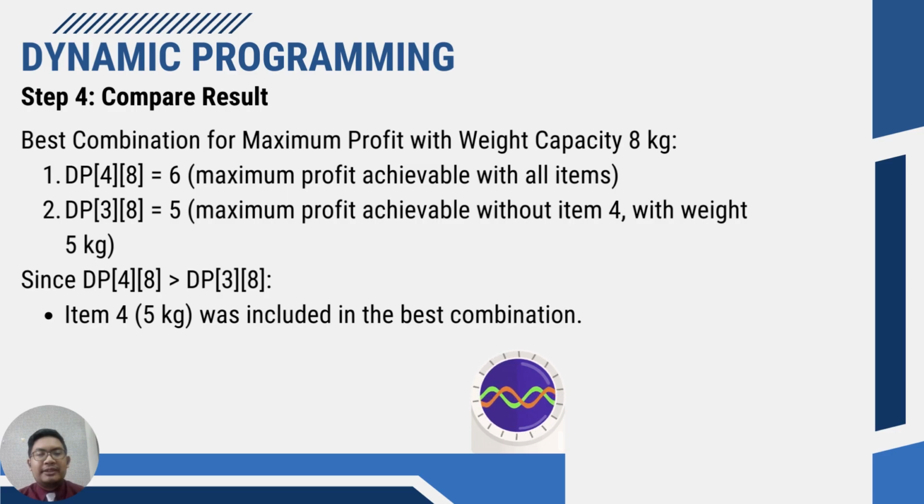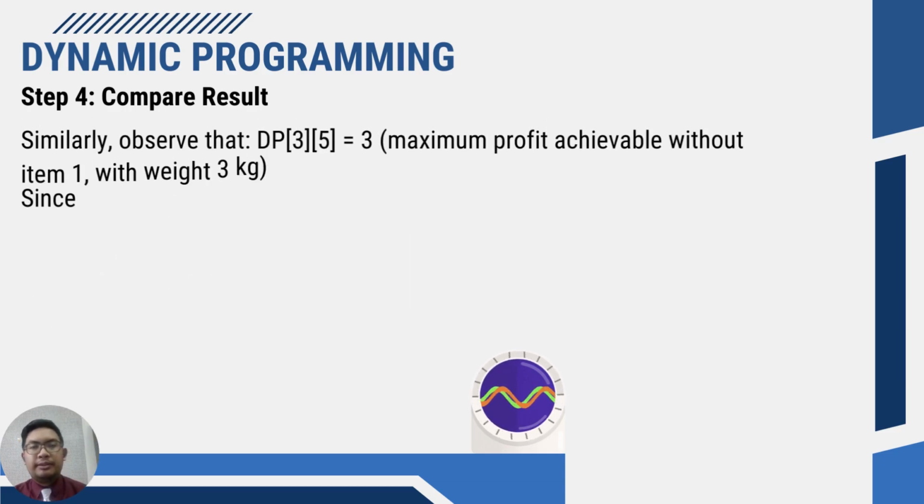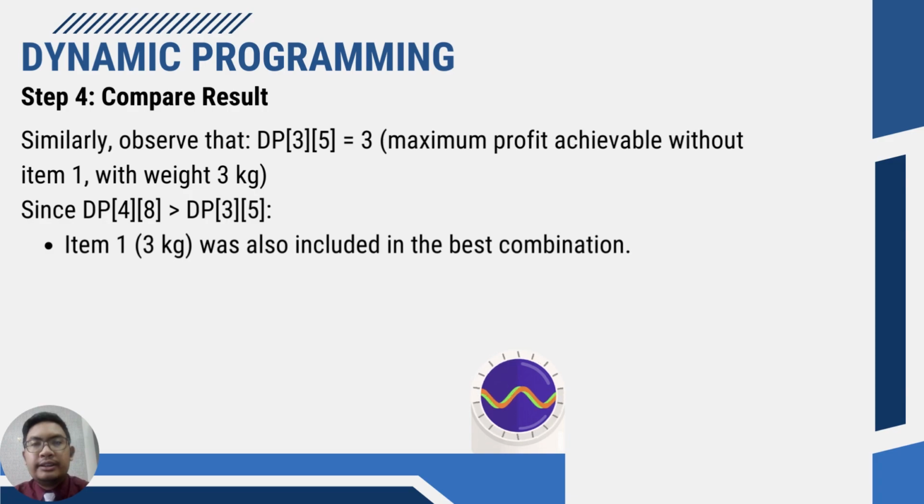When we compare, we find that DP48 is greater than DP38, which means that item 4 will be included in the best combination. We can do the same for DP3 and 5. We observe that the maximum profit with item 1 is only 3 kilograms. So since DP48 is greater than DP35, we can conclude that item 1 was also included in the best combination.